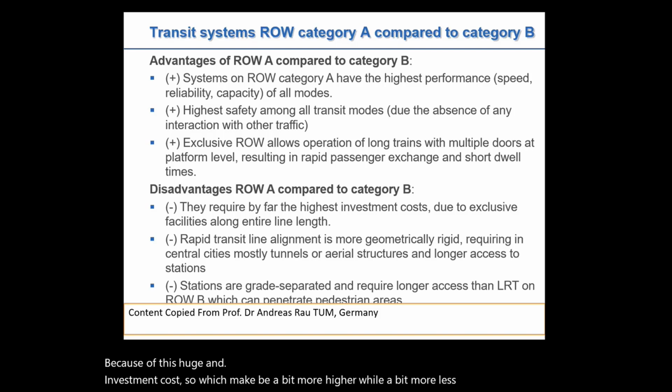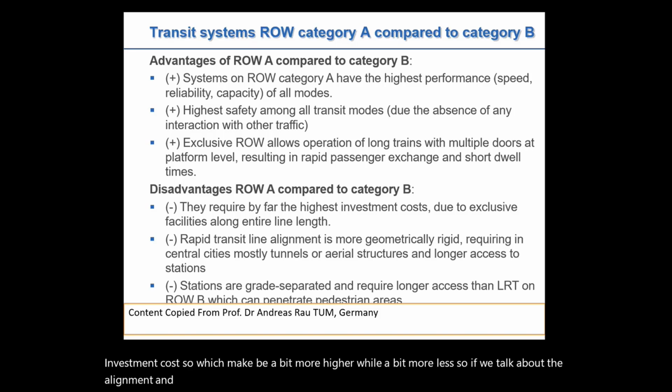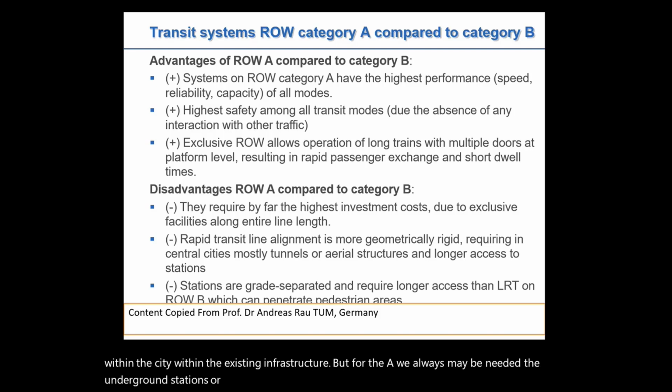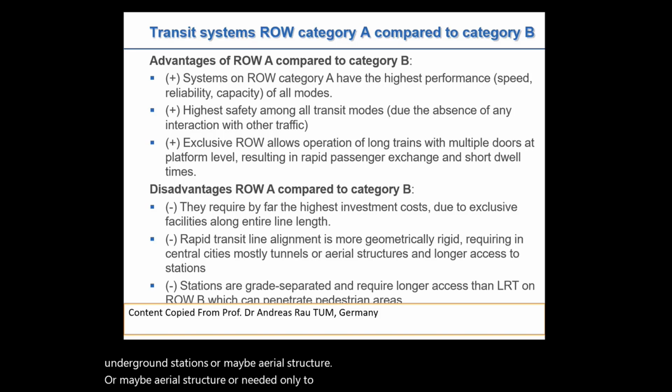So if we talk about alignment and geometry, category B could be put in place easily. So it could be used within the city, within the existing infrastructure. But for A, we always need underground stations or aerial structures. Okay. Aerial structures are needed only to access category A.